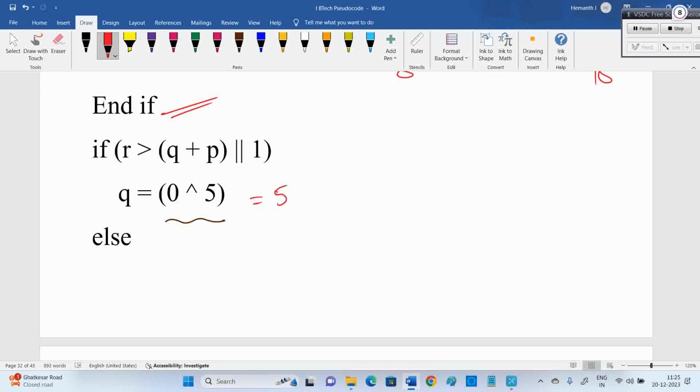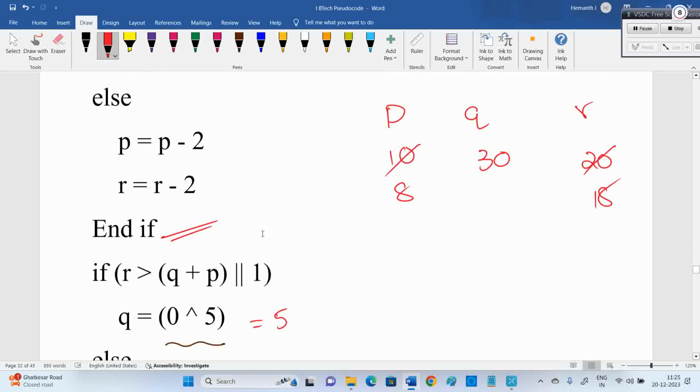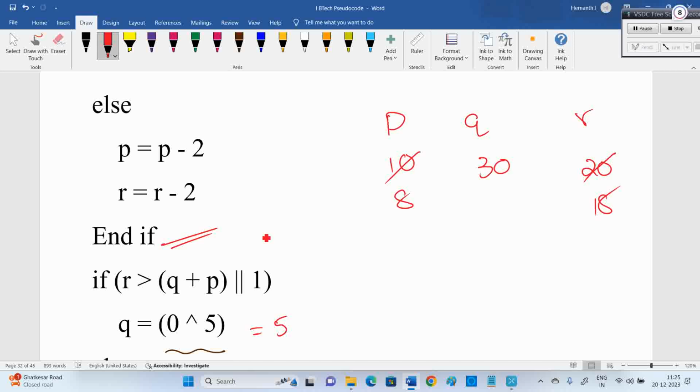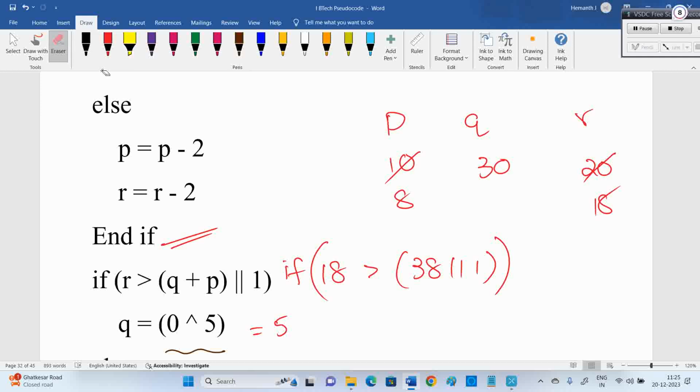Sir, no, go with the procedure. Okay, we'll do that. What is Q plus P? Q is 30, P is 8, means 38. R value is 18. Is 18 greater than 38? Sorry, I took the condition in a wrong way.